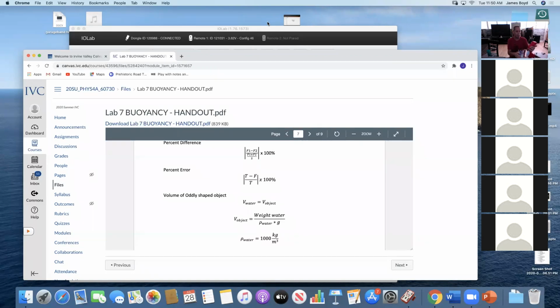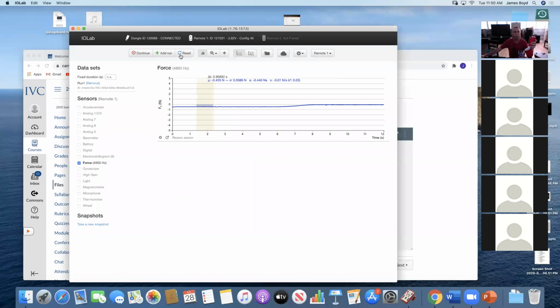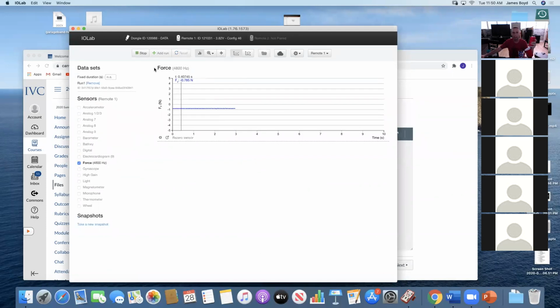This is the part that's actually going to mess up your readings. You've got to try to get every bit of water you can out into your cup that you're going to measure. So yeah, this is going to be kind of bad. If you go back to your force, get a reading, and then hit stop for a second.